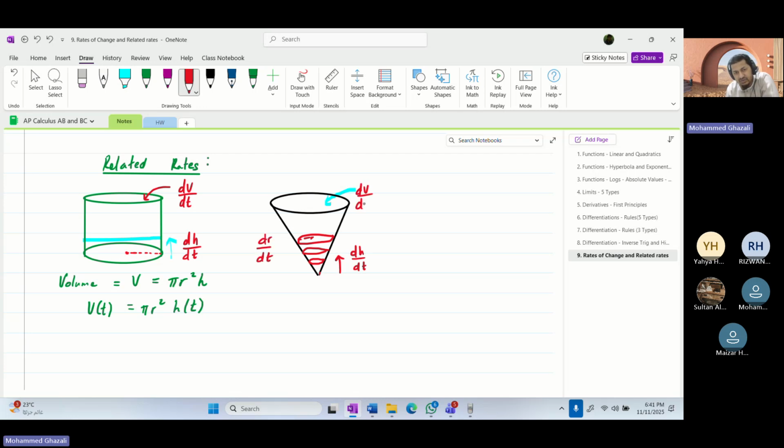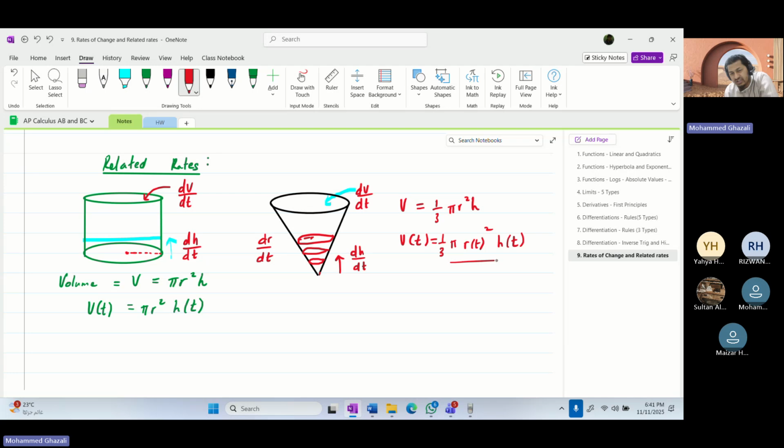You're going to have three different types of rates here, because the volume function is 1/3 pi r squared times height. So V is a function in time, r is a function in time, and h is also a function in time.